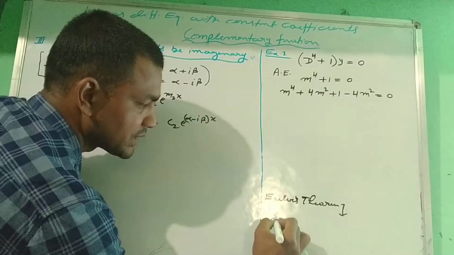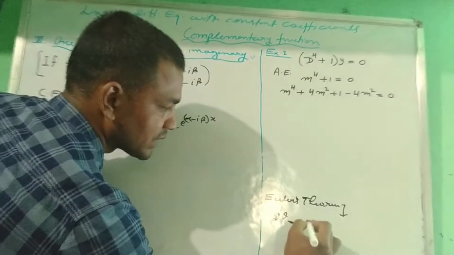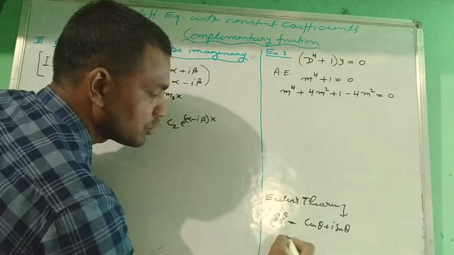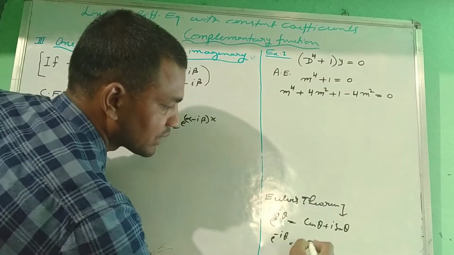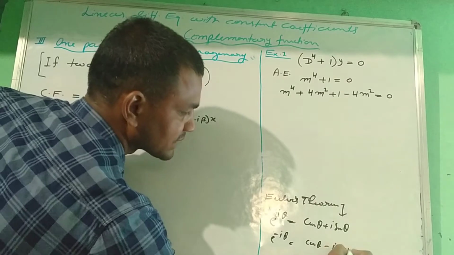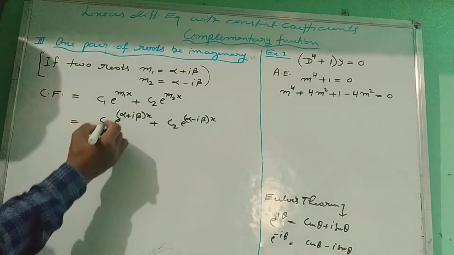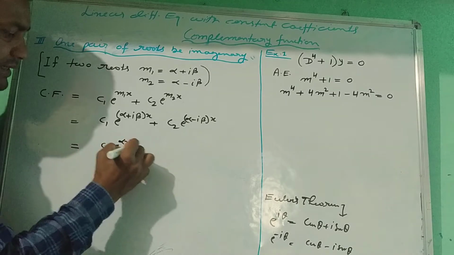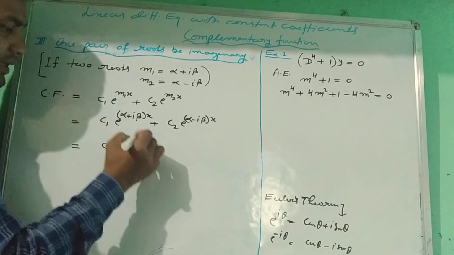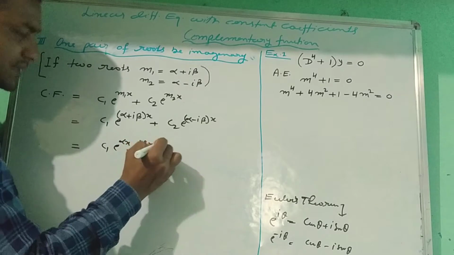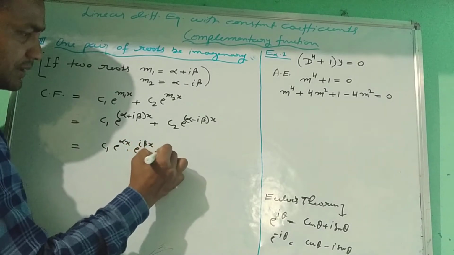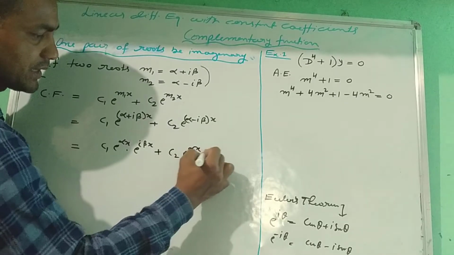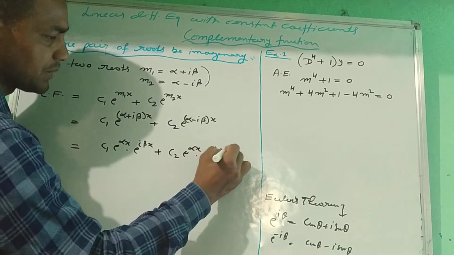According to this theorem, e to the power iota theta equals cos theta plus iota sine theta, and e to the power minus iota theta equals cos theta minus iota sine theta. So this expression is converted into c1 e to the power alpha x times e to the power iota beta x, plus c2 e to the power alpha x times e to the power minus iota beta x.